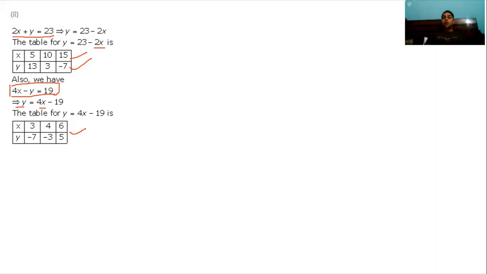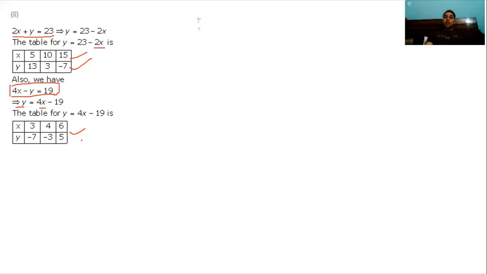Now we have to plot these two tables on the graph paper. First we solve the equations and make a table for the first equation, then make a table for the second equation. After that we have to plot these tables and represent them as linear equations or a line system.